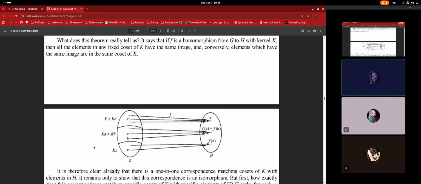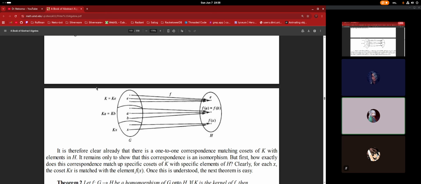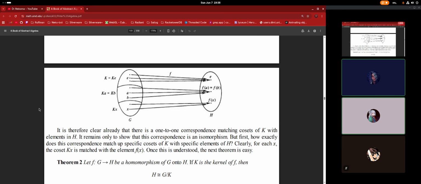But it seems the answer is that you are in a coset with the kernel, which means you have something outside of K, which is a and b here. And that is why not everybody is converging to e. Yeah, remember a coset is actually different from the original set you used to build the coset, right?